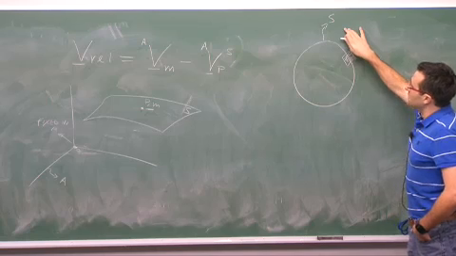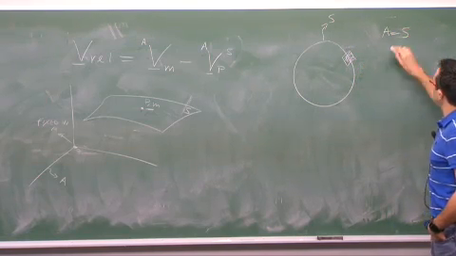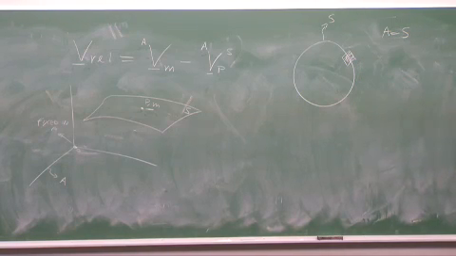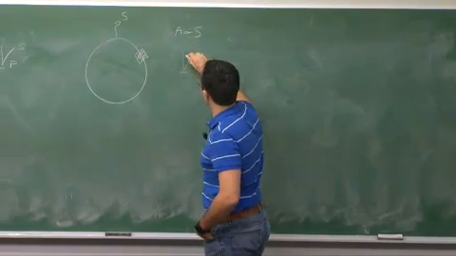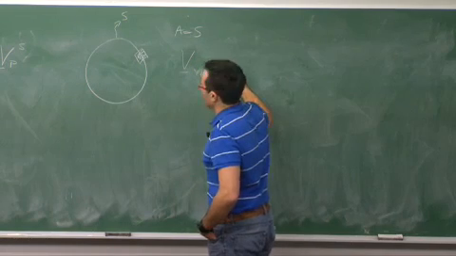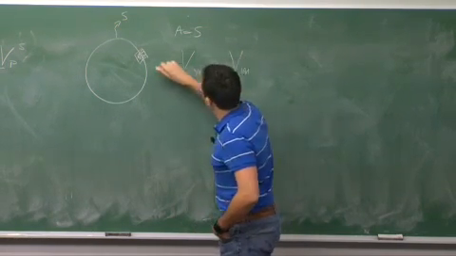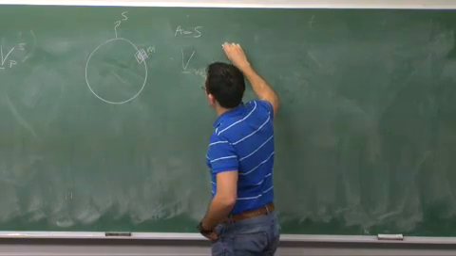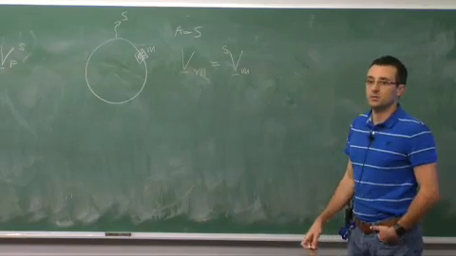We said in this case, we pick A to be equal to S. And you can do that every time. Actually, most of the problems, you probably will do that, because it's easier for you to find the relative velocity, because if you make this assumption, the VREL is only going to be the velocity of the point mass as seen by S. That's it. The second term goes to 0.